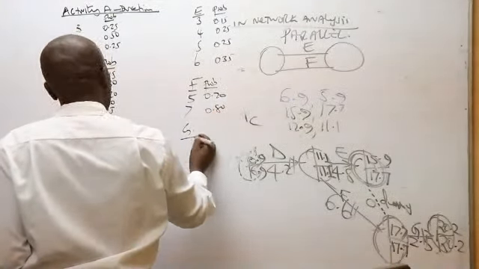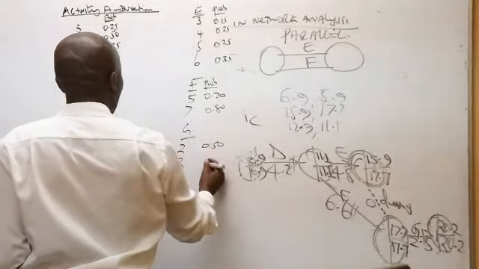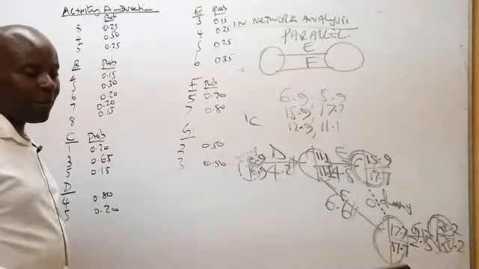And G has 2 or 3, with 0.50, 0.50. Those ones will always be given by the examiner.